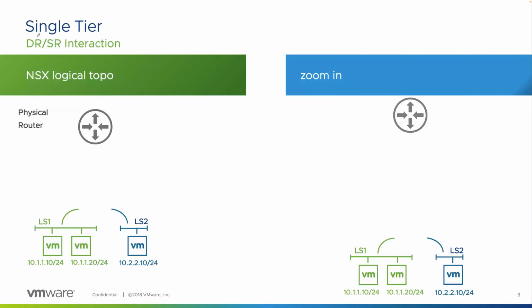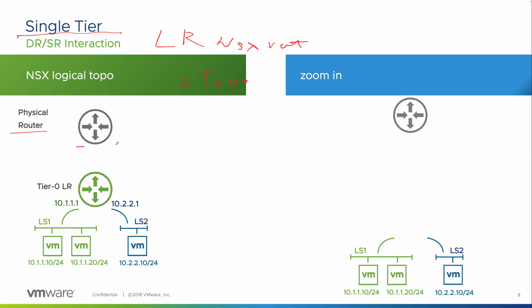Another thing is that when we talk about logical routing, when we talk about NSX routing, we have two topologies. One is single tier. Single tier means, as illustrated here, we have a physical router outside, and we have a logical router. It's a one tier or single tier logical router. We call it tier 0 logical router.